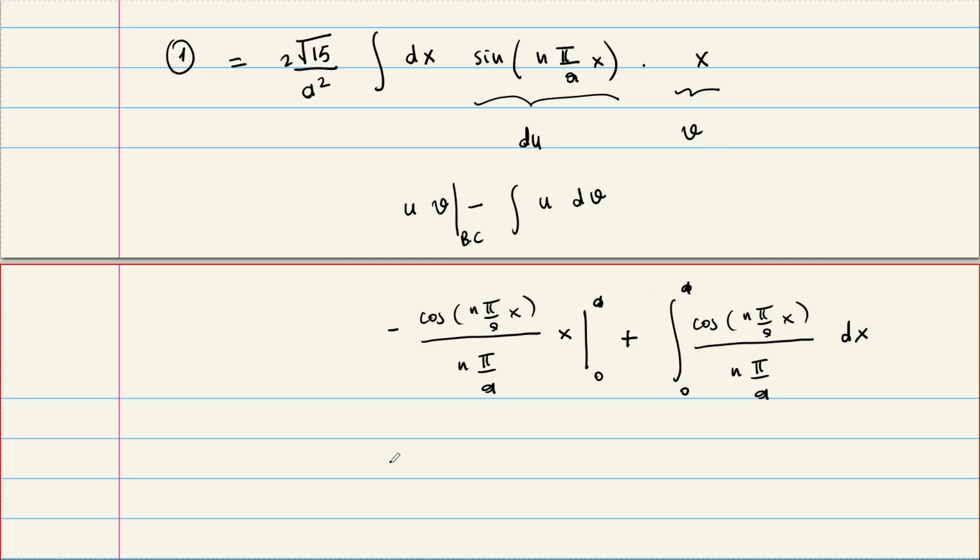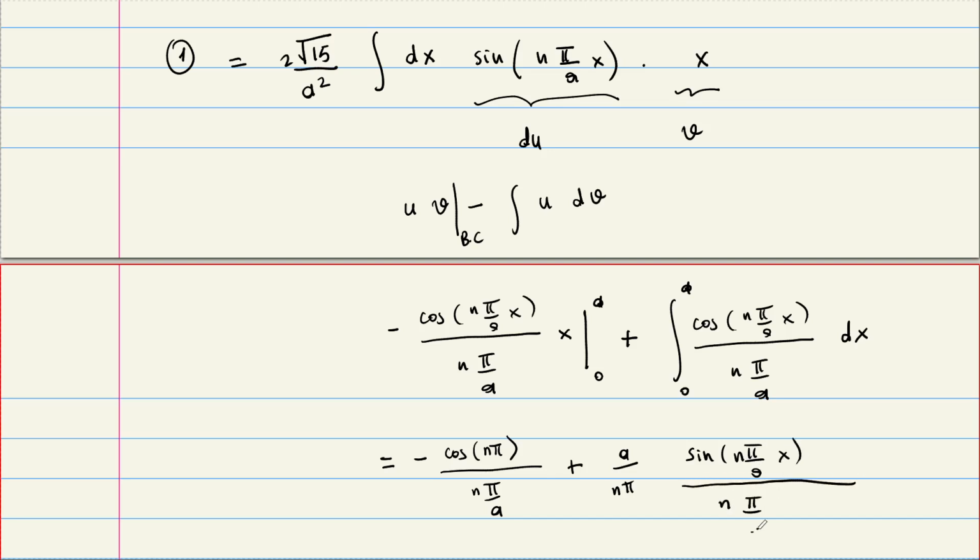Now this one is minus cosine n pi, right? The first one, I put a, and if I put 0, it's going to be 0 because of x, divided by n pi over a, plus the second one, this one is also, let's integrate a over n pi cosine, and the integral is going to be sine n pi over a x divided by n pi over a, and the boundaries from 0 to a.